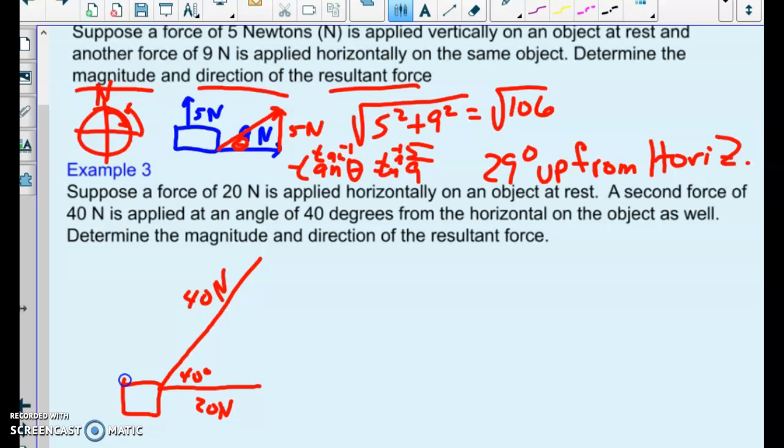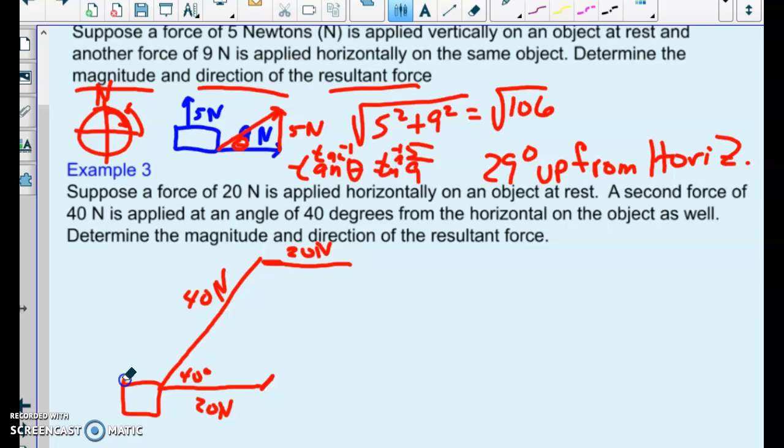Well, if we go back to that parallelogram rule, I can do one of two things. I can either move the 40 newtons over here, or I can move the 20 newtons over here. So I'm going to show you both ways. Here's the 20 newtons that way.